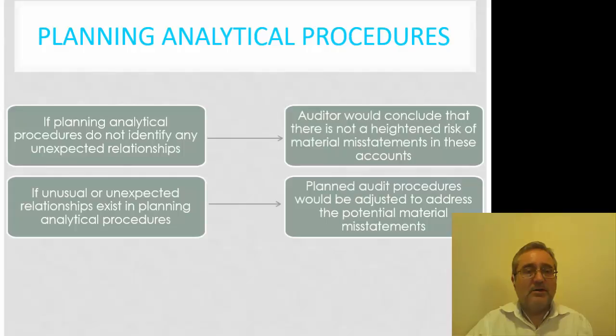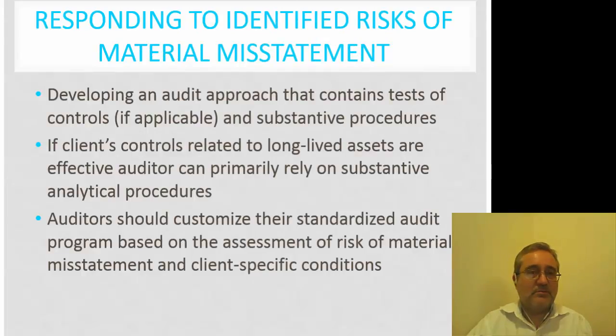If there are unusual relationships based upon these planning analytical procedures, the auditor is going to adjust his or her testing to address these potential misstatements. Now keep in mind that many of these unexpected relationships can be explained, but that's not the point. The point is that these procedures direct our attention to what is different as compared to last year and help us understand how we're going to complete our testing.